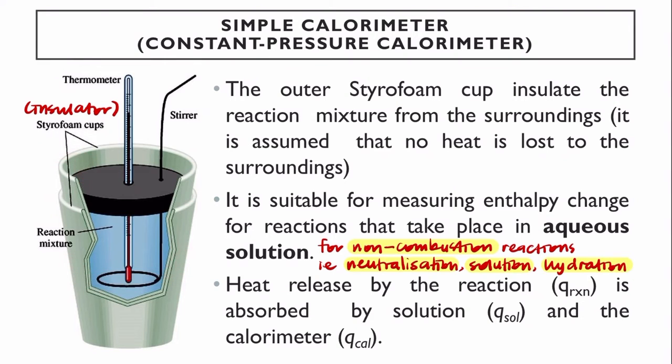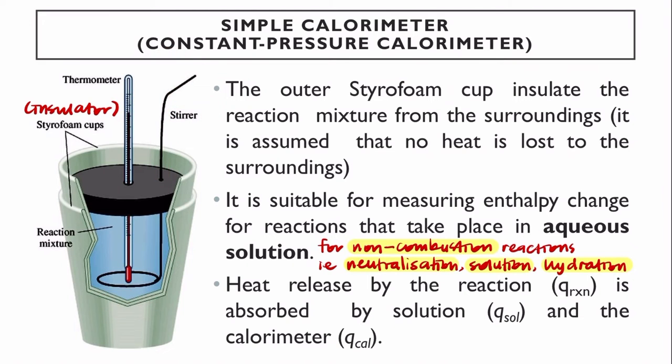When that happens, you close your coffee cup and you observe the initial temperature before that. Then while your reaction happens, you need to stir it to make sure that your solution is mixed well in the styrofoam cup, and then you look at the final temperature.